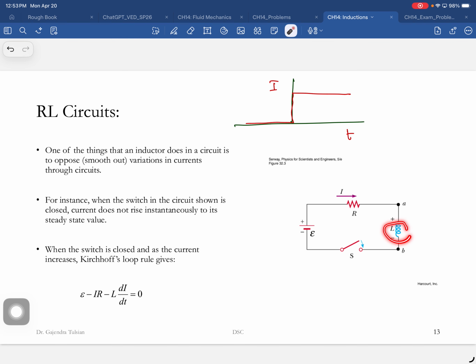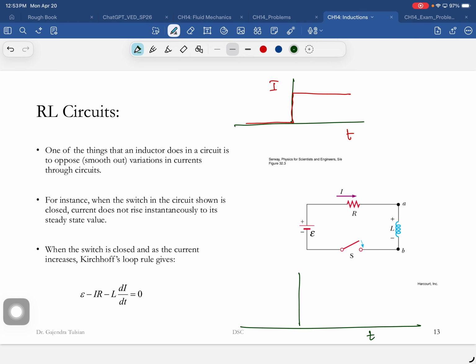With the inductor present, here's what happens. Now when you close the switch, instead of going to its maximum value instantaneously, the current rises exponentially.